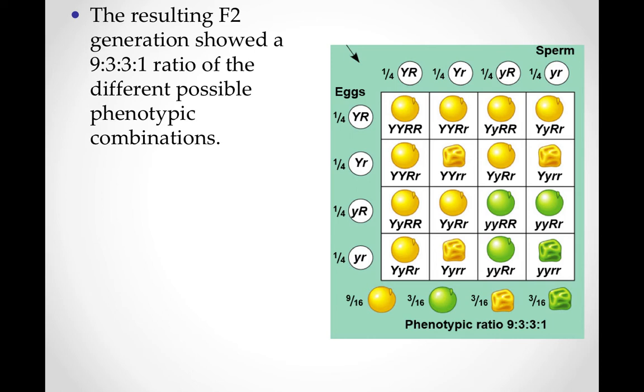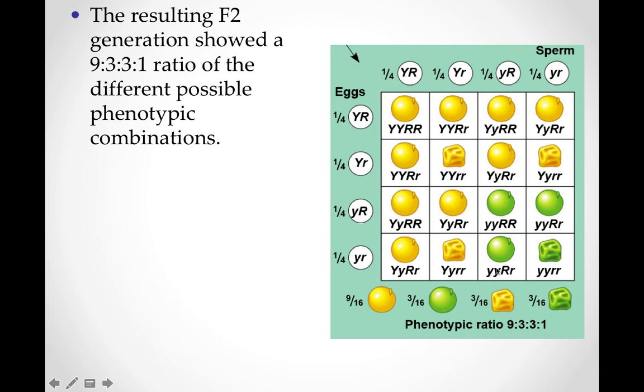The resulting F2 generation showed a 9:3:3:1 ratio of possible phenotype combinations. So we have 9 that were yellow and round: 1, 2, 3, 4, 5, 6, 7, 8, and 9. We have 3 that were yellow and wrinkled: 1, 2, and 3.